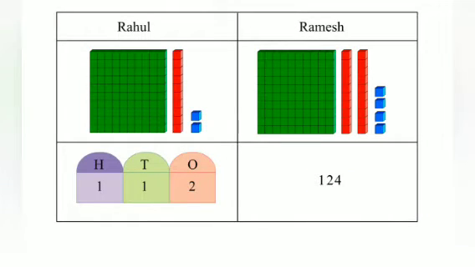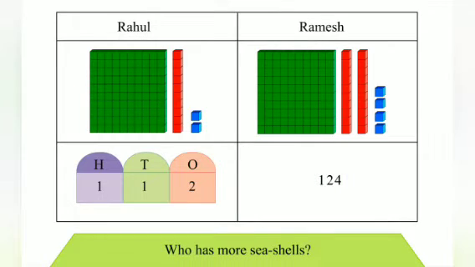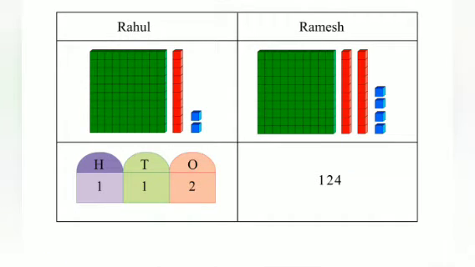Ramesh has 124 seashells. Who has more seashells, Rahul or Ramesh? Both the numbers have 3 digits. Let's compare the hundreds digit. It is the same.